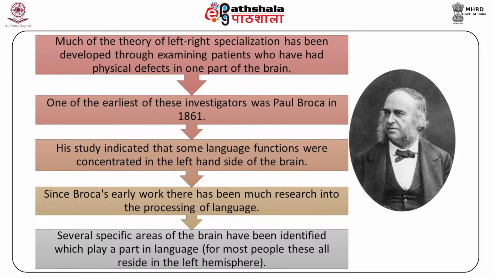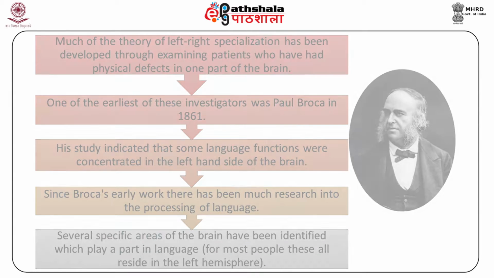His study indicated that some language functions were concentrated on the left-hand side of the brain. Since Broca's work, there has been much research in the processing of language. Several specific areas of the brain have been identified which play a part in language. For most people, these all reside in the left hemisphere.